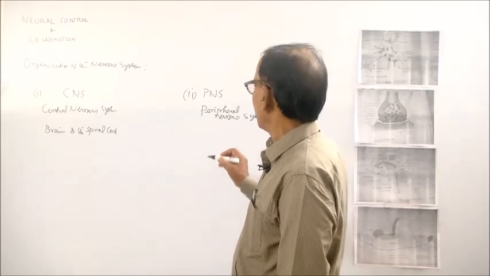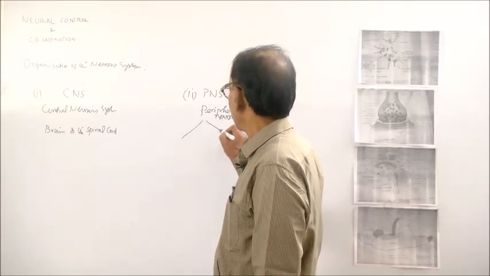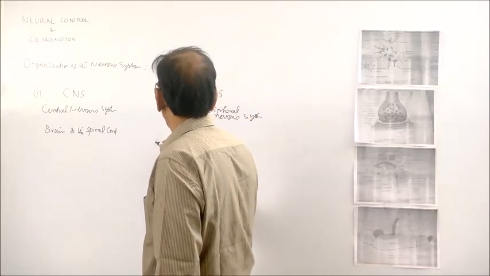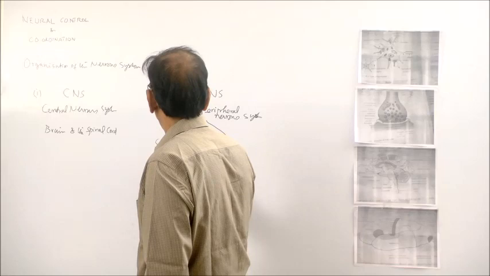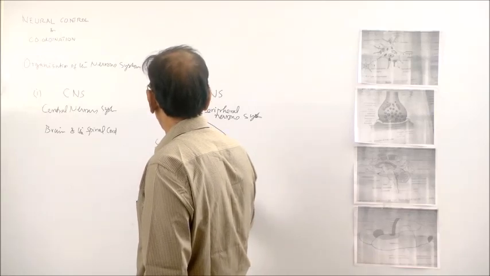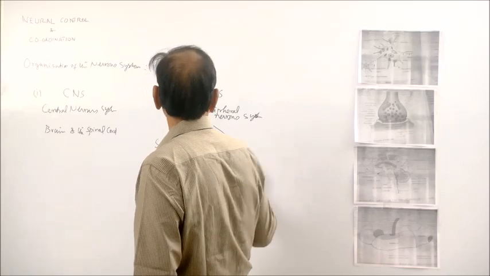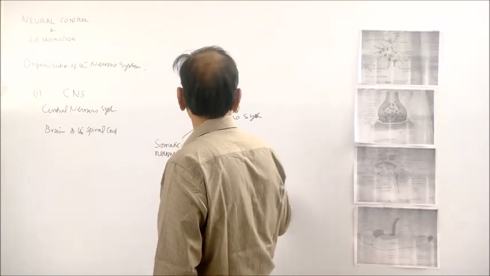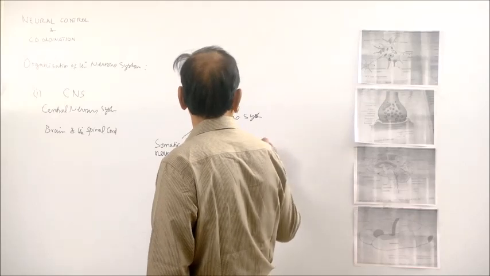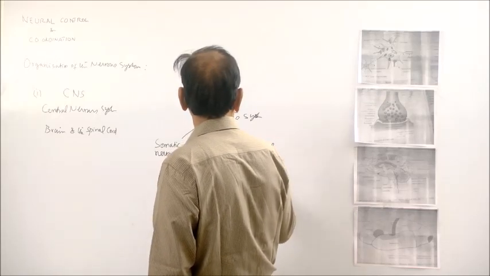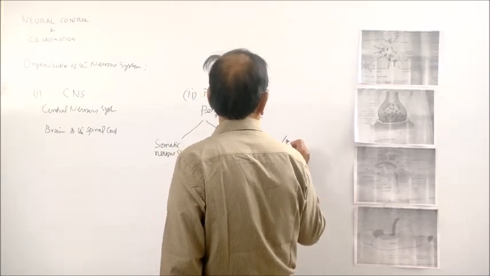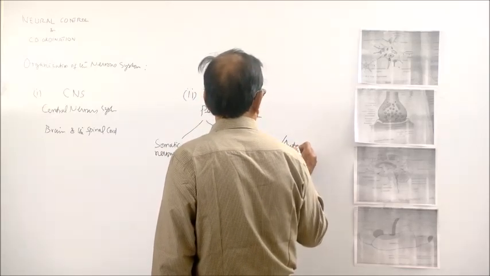The peripheral nervous system has two parts. One is called the somatic nervous system, and the other is the visceral nervous system. The visceral nervous system is also called the autonomic nervous system.